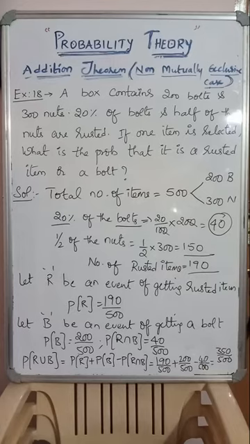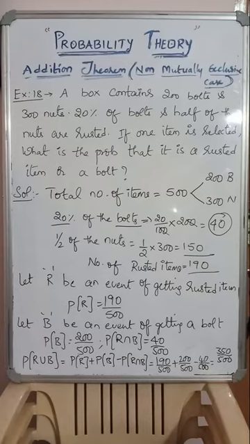Next, if one item is selected at random, what is the probability that it is a rusted item or a bolt? Or means definitely an addition theorem, right? Whether they are exclusive or non-exclusive, we have to see there. So the probability of getting a rusted item: 190 are there, the total number of rusted items, irrespective of bolts or nuts. They only asked for a rusted item. So the probability of getting a rusted item is 190 by 500.